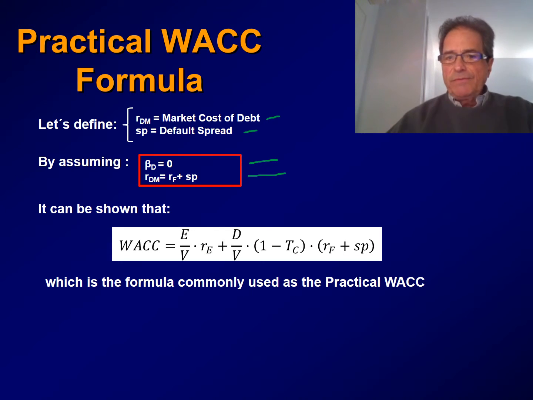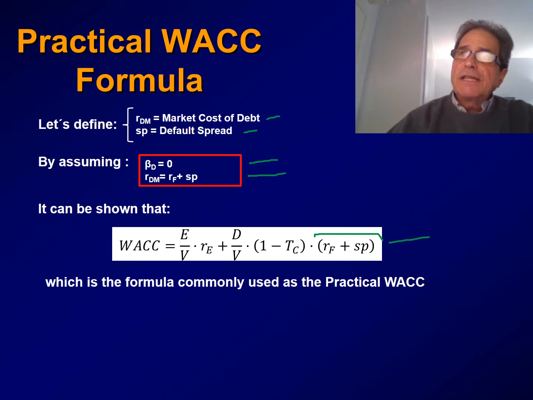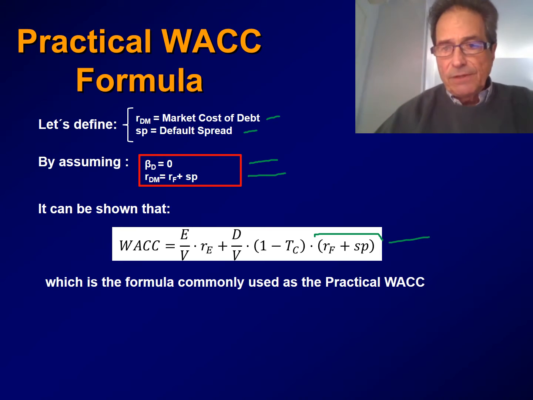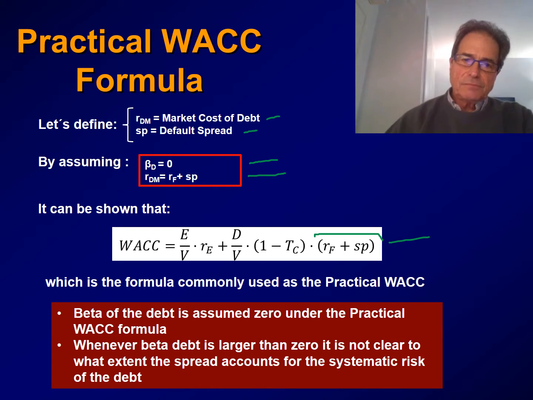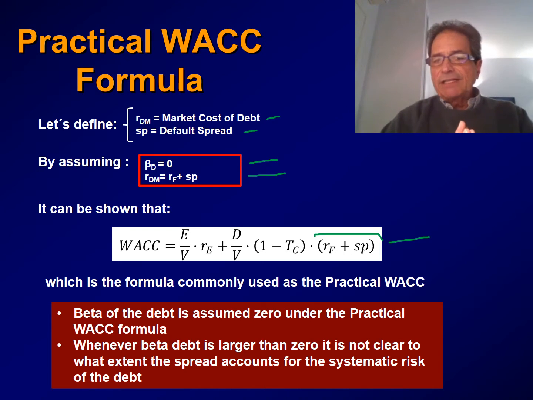Then it can be shown that this version of the WACC formula, which is precisely the version that practitioners use, in which the market cost of debt is equal to RF plus the default spread, implicitly assumes that the beta of the debt is 0, that the systematic risk of the debt is 0. Something most practitioners are not aware of when they use this version of the WACC formula. So we conclude that the beta of the debt is assumed 0 under the practical WACC formula.